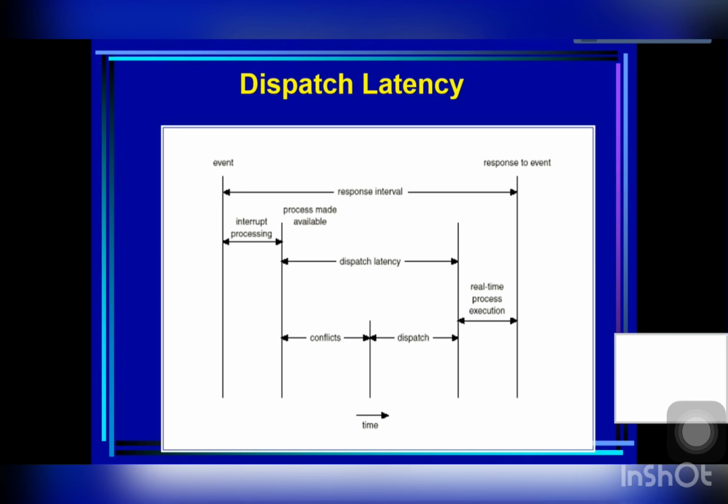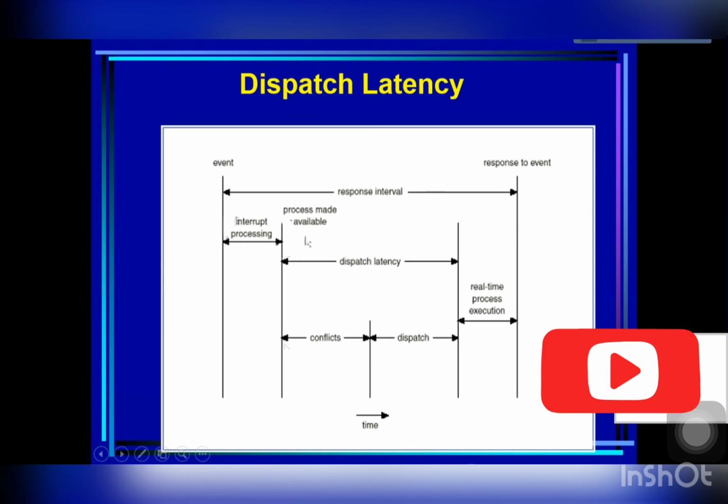That means the system has dispatched the CPU to the real-time event and the real-time process begins execution. Then after a while, the system can respond to the real-time event. So this is the response interval. It is composed of two parts: interrupt processing and dispatch latency.